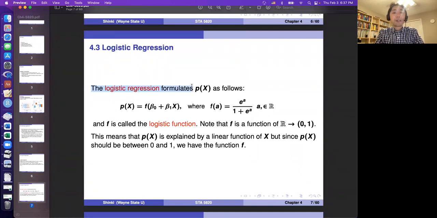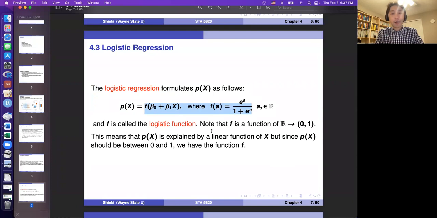Logistic regression formulates the probability P of X by this function. This is called the logistic function. F of A is e to the power A over 1 plus e to the power A. So what happens as A goes to infinity?